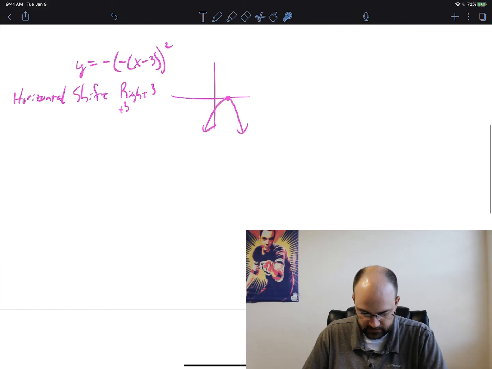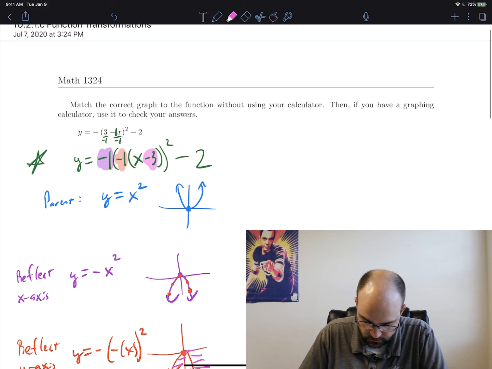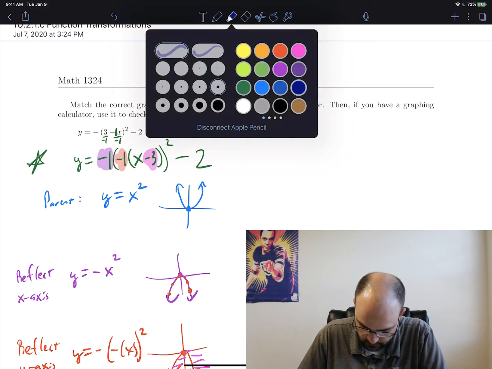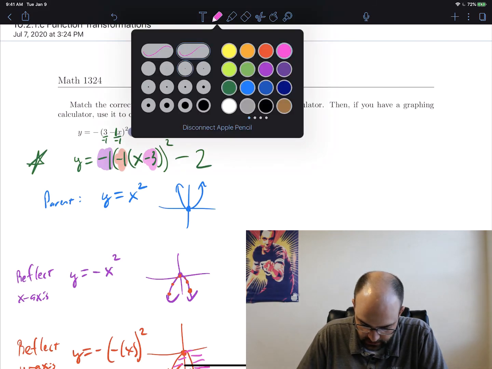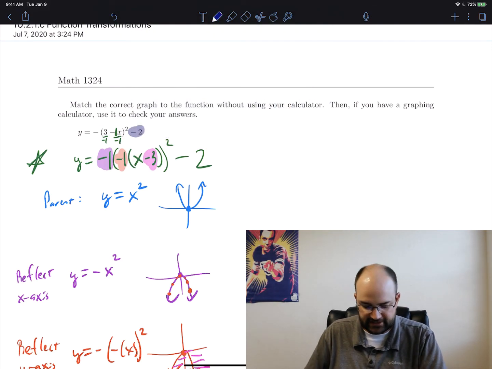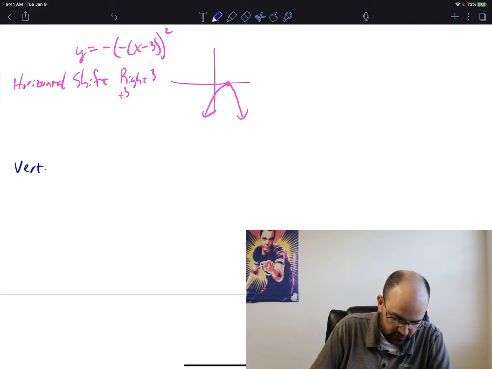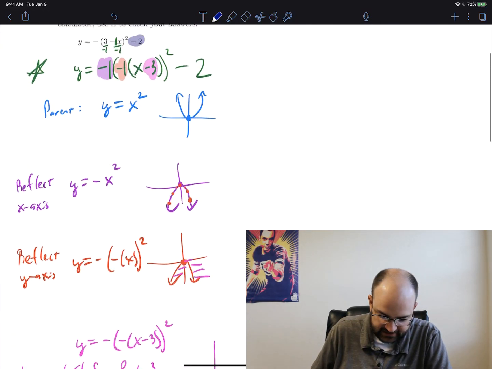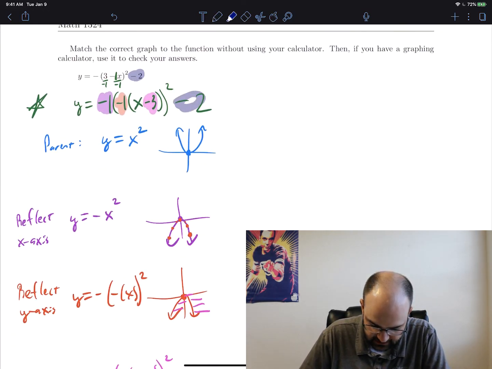Good deal. And we only have one other translation to do, and that is this negative 2. That negative 2 is on the outside, but it is addition or subtraction, so it is going to be vertical. So it's going to be a vertical shift, and it says negative 2, so we do what it says.